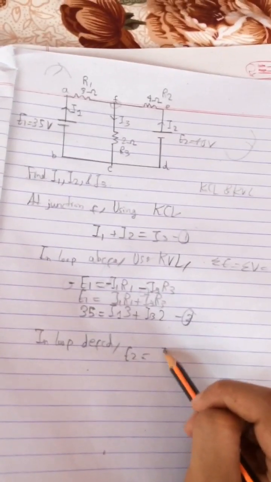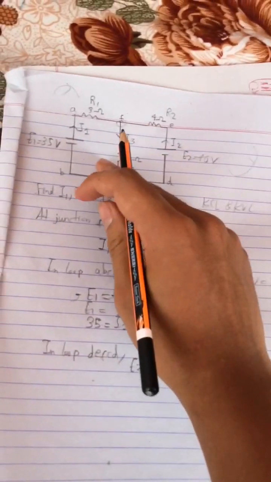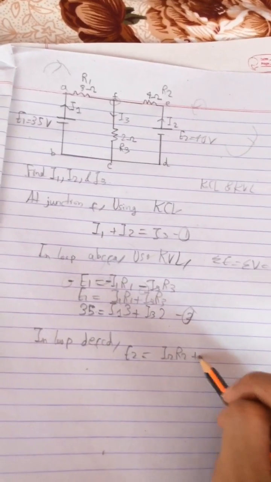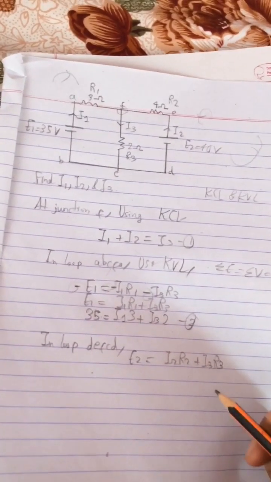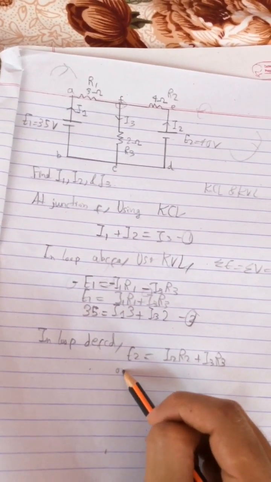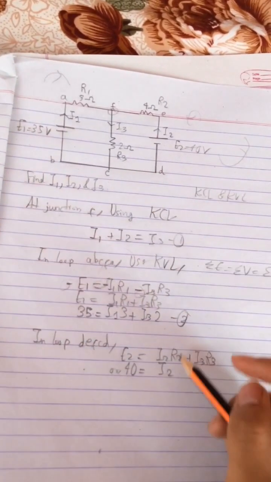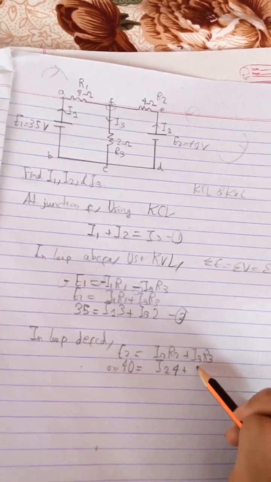E2 equals I2 R2, and this is also anti-clockwise, so it is I3 R3, or 40 equals I2 R2, which is 4, plus I3 into 2.